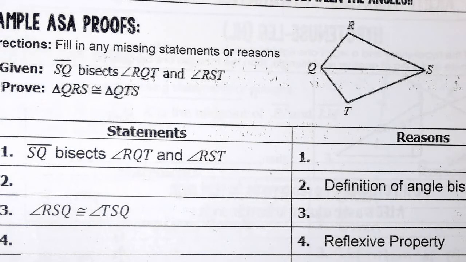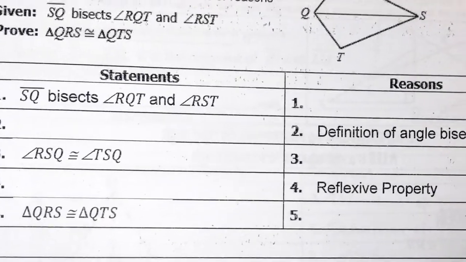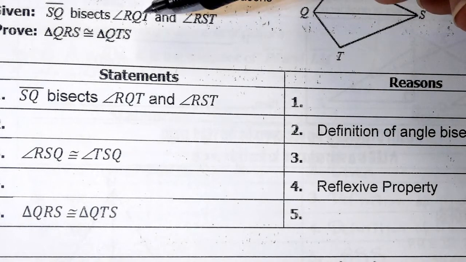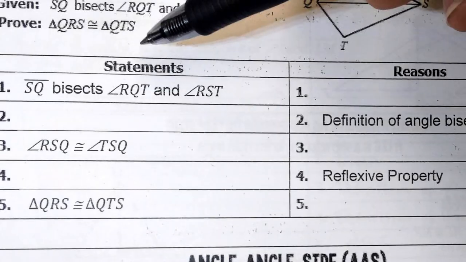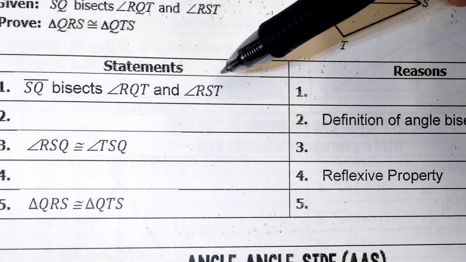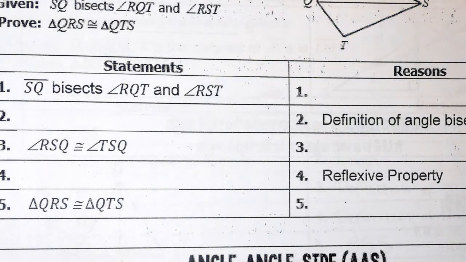Triangle QRS is congruent to triangle QTS. So on this one, it starts out with the first statement: SQ bisects angle RQT and angle RST.